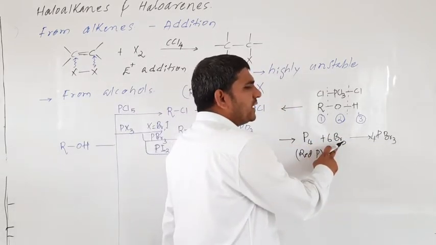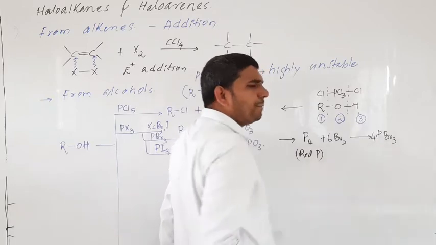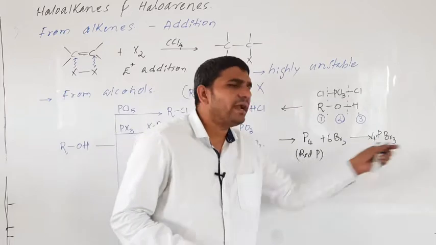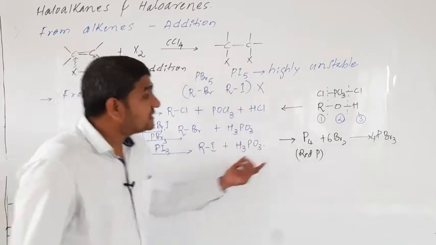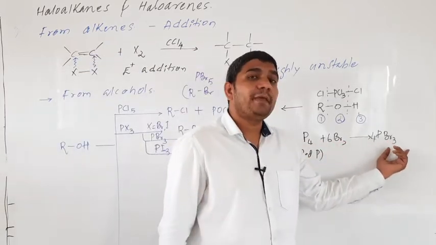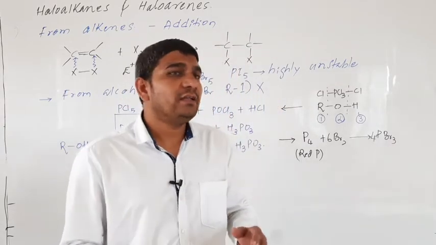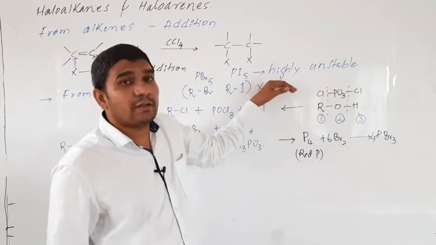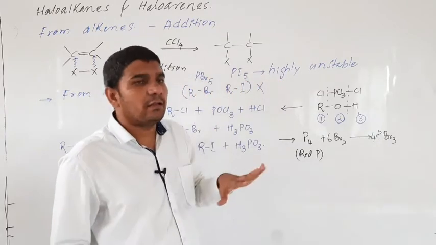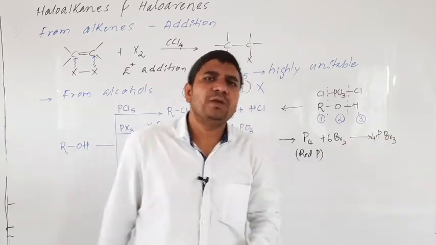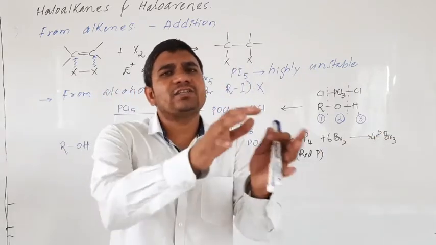If you replace Br2 by I2, you will get PI3, phosphorus triiodide. This is phosphorus tribromide. Okay, this PBr3, PI3 are also unstable, but actually they are not highly unstable. These two are highly unstable. These are also unstable, but we can prepare in situ. In situ means during the reaction itself.